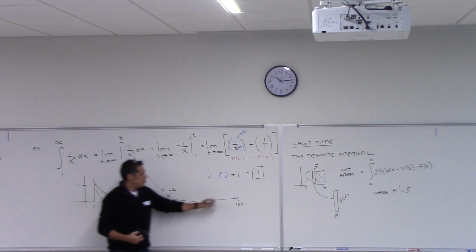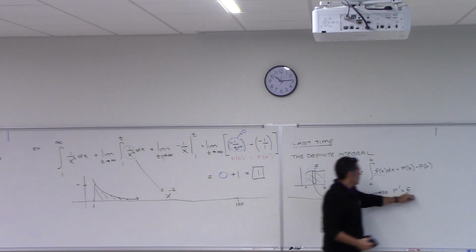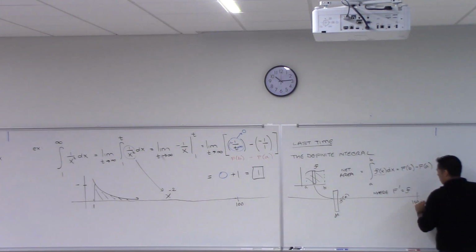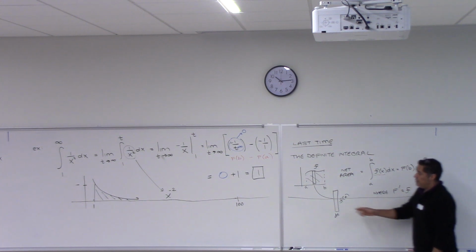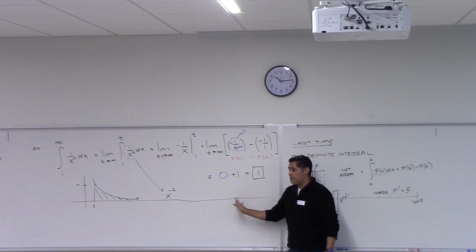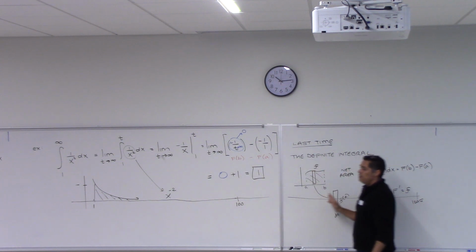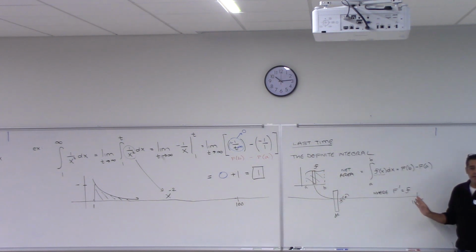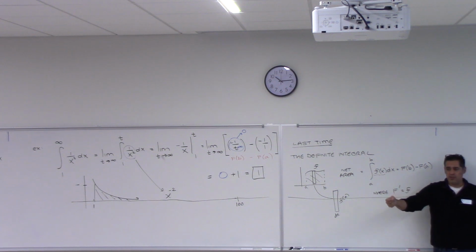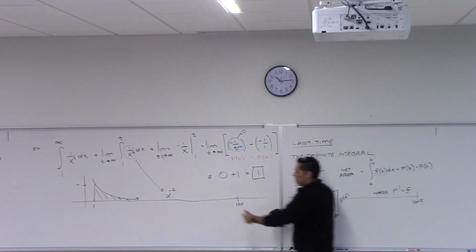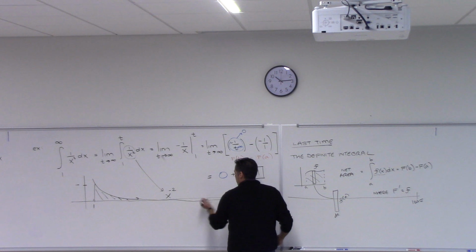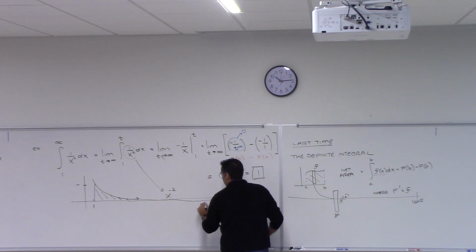And if I go out to, I don't know, 1,000, the area will definitely be bigger than this was, but still, it's going to be less than 1. And the further out you go, the closer and closer you get to 1. So maybe the area here was like 0.95. I don't know, I'm just making it up.